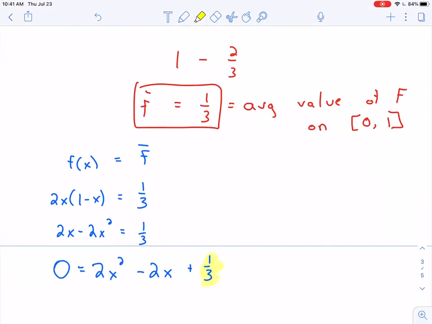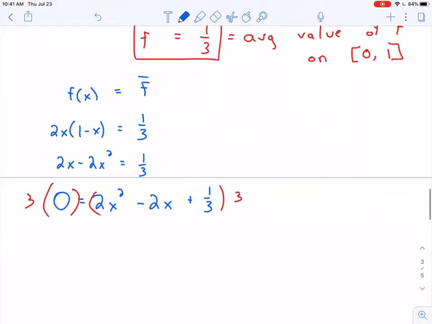I don't like this fraction. You could leave it there if you wanted to, but I just prefer not to deal with those. So I'm going to multiply everything by 3 on both sides of my equation. So 0 times 3 on the left-hand side, that'll give me 0. Let's see, I should have 3 times 2, that'll be 6x squared minus 6x plus 1.